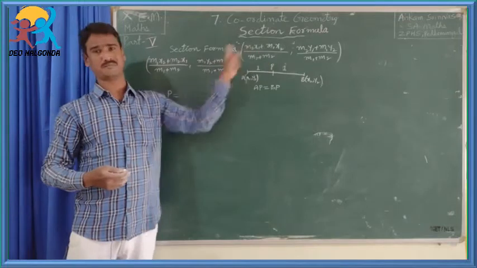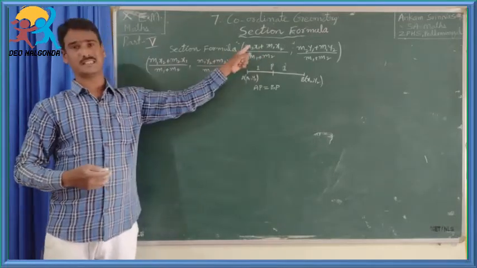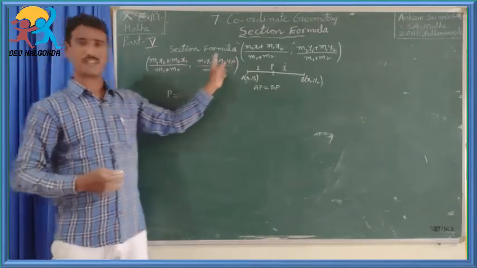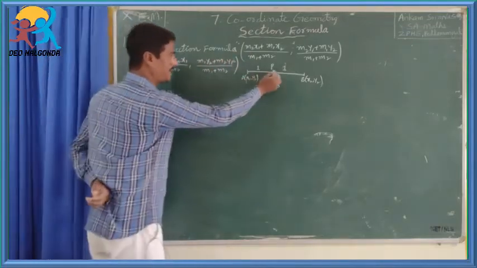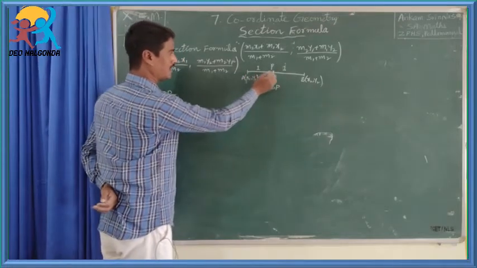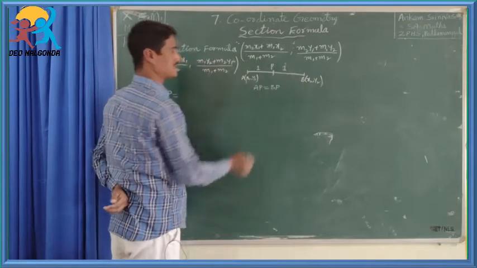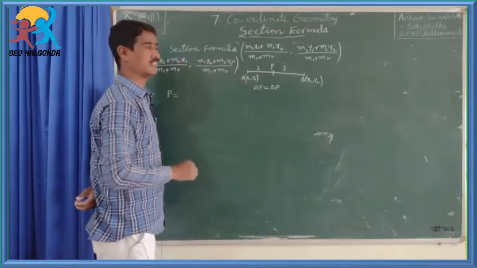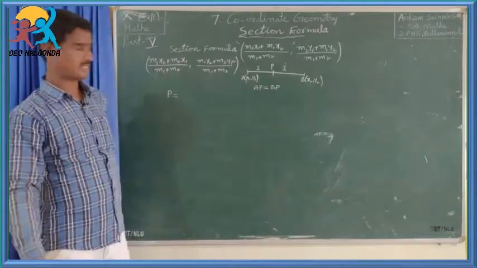These 2 are the same, and I have written the commutative property reversed here. So don't get confused. Here I have taken P dividing the line segment into 2 equal parts. That means 1:1, so P becomes the midpoint of AB.